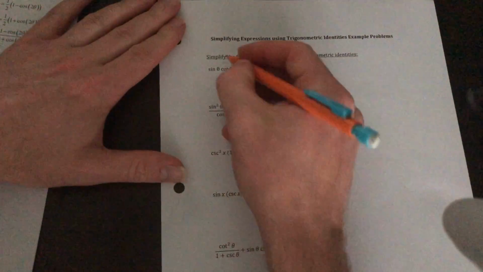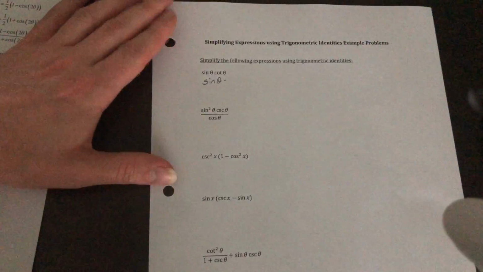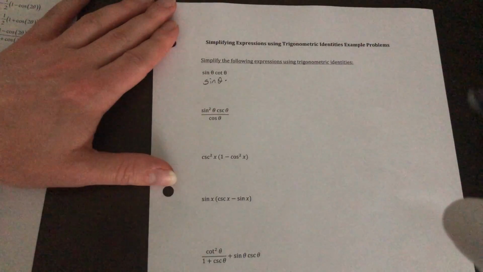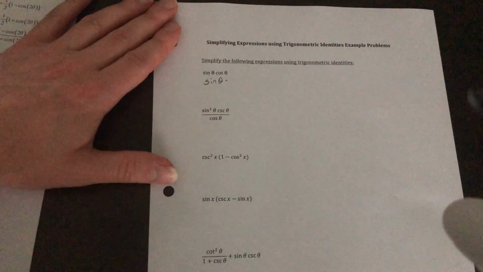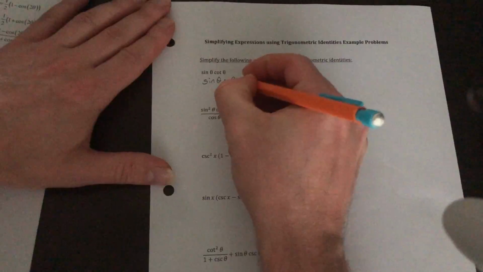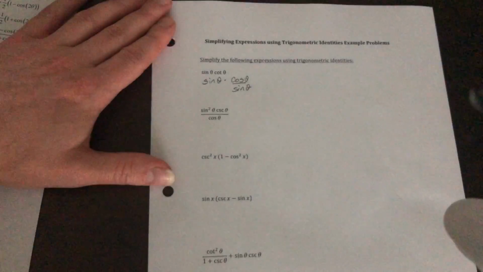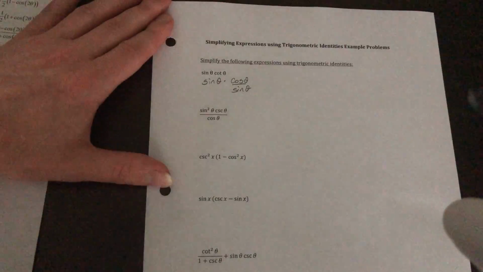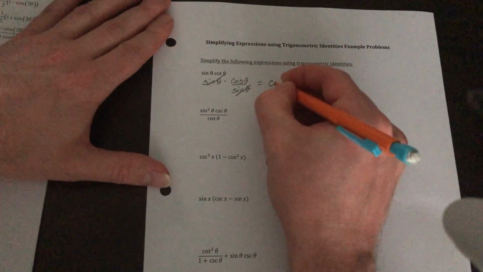Sine of theta, we can't change, because it's already in sines and cosines. Cotangent I can write in terms of sines and cosines: it's cosine of theta over sine of theta. When we do this, these will cancel, and we're left with cosine.